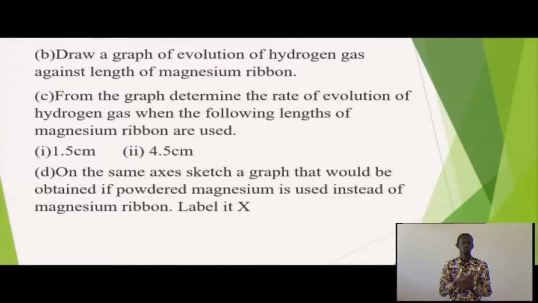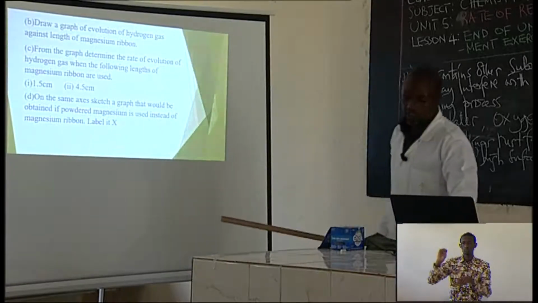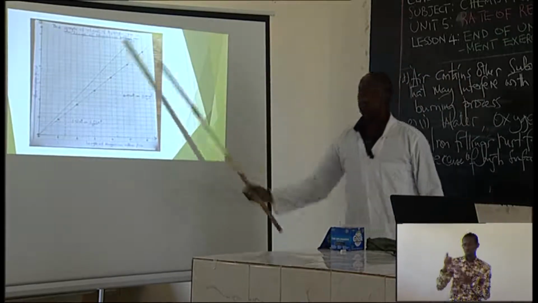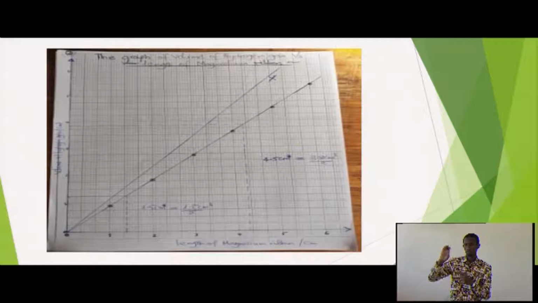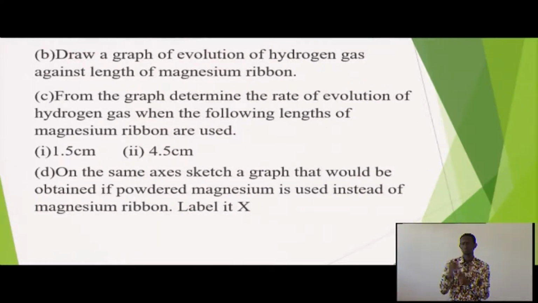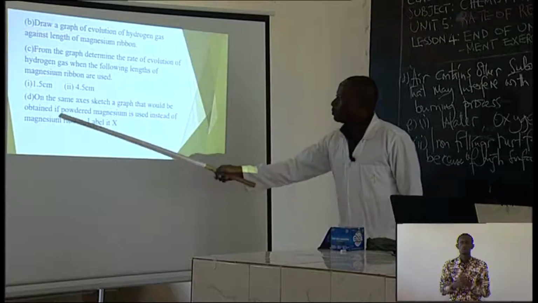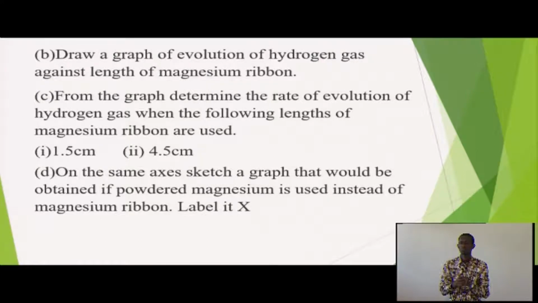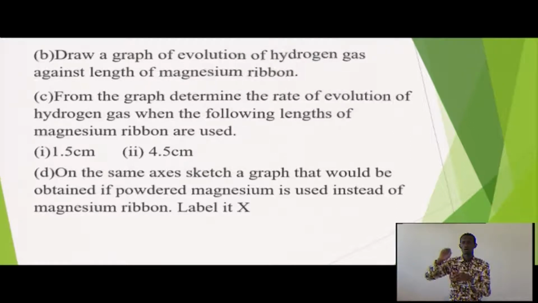Then on the same axis, sketch a graph that would be obtained. This is the sketch graph that has been obtained. And how has it been obtained? That would be obtained if powdered magnesium was used. So the magnesium was ribbon, and then changed from the ribbon to powder.